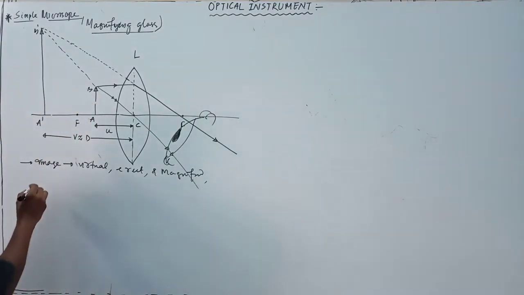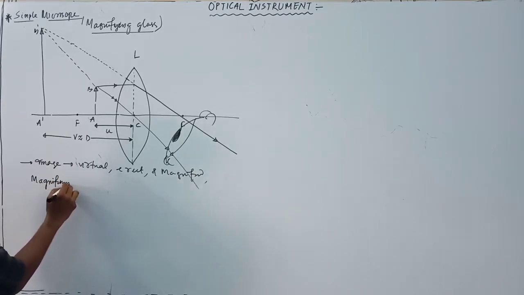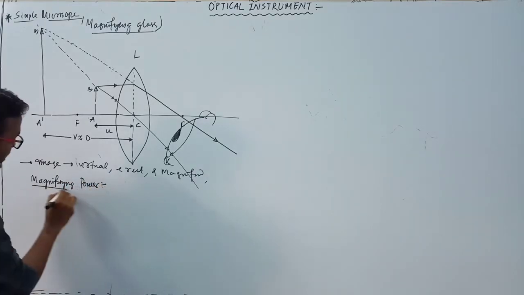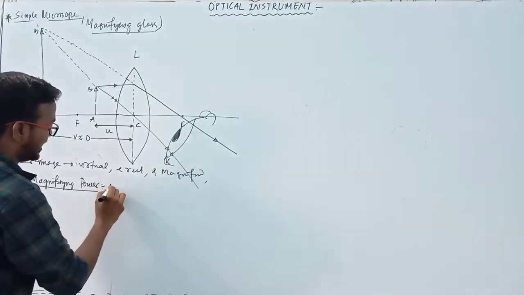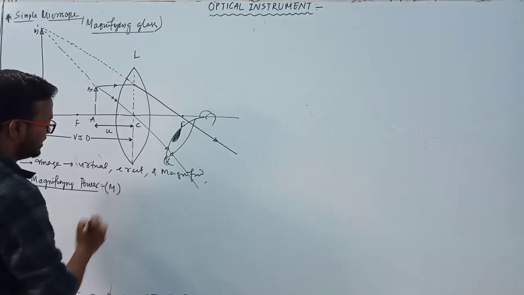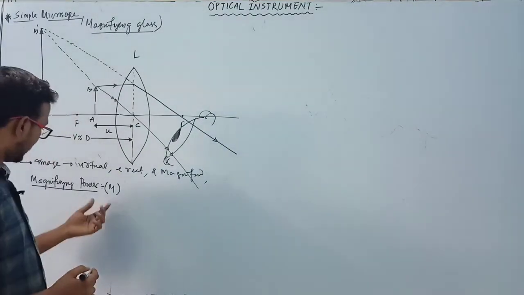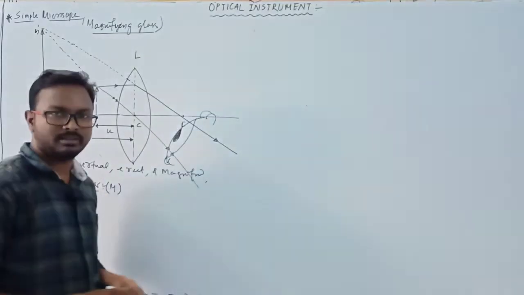So magnifying power is important, that is the magnifying power of the simple microscope, and it is represented by capital M, because small m is used for linear magnification. So here we will use the magnifying power. So what is magnifying power?